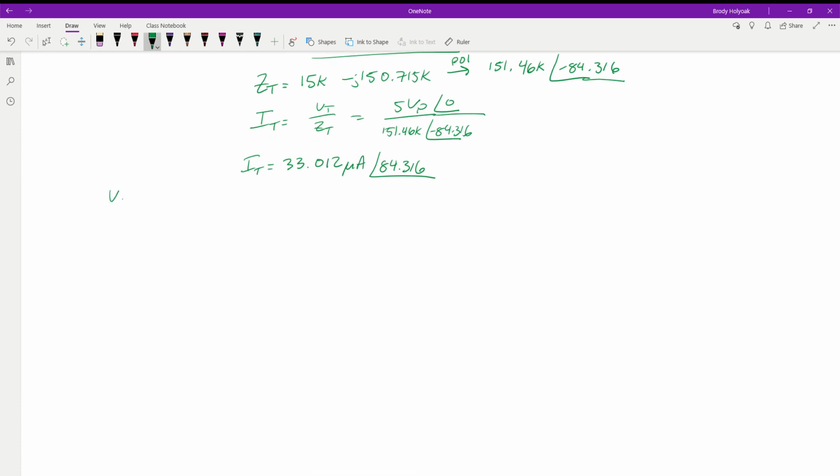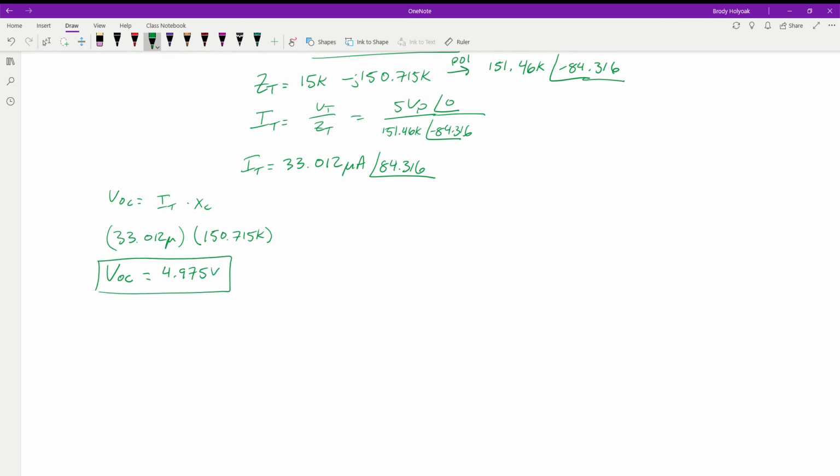So the voltage out for the capacitor is equal to the current total times the reactance of the capacitor. So 33.012 microamps, and our reactance we had is 150.715 kiloohms. So V out of the capacitor is equal to 4.975 volts.